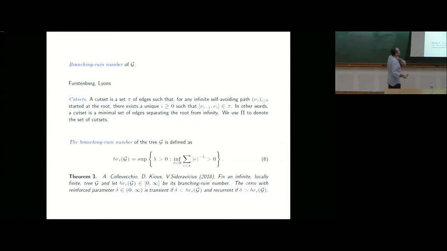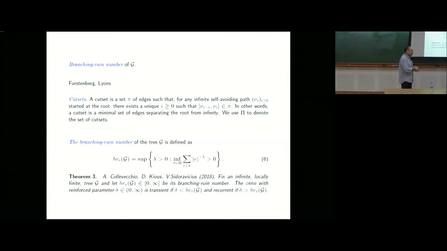I don't want to go into details. And then this notion was used with huge power by Russell Lyons to study processes on trees. And actually, he was the first who introduced the branching number, and essentially Furstenberg's Hausdorff dimension is just the log of the branching number of Lyons.